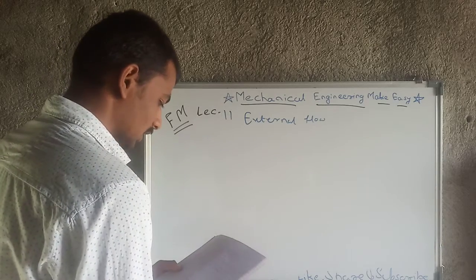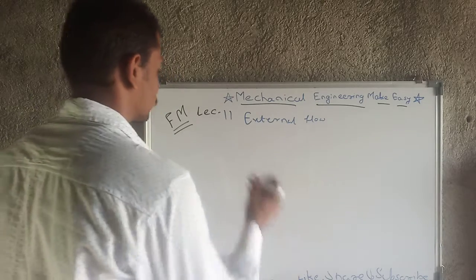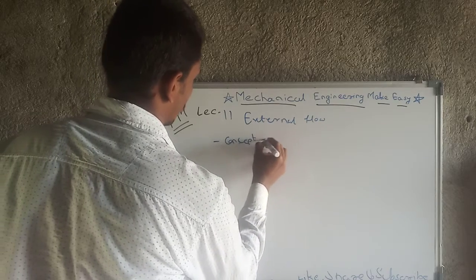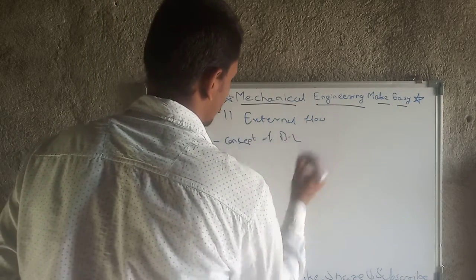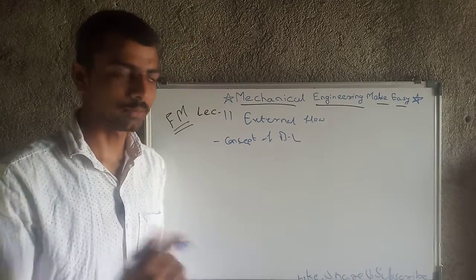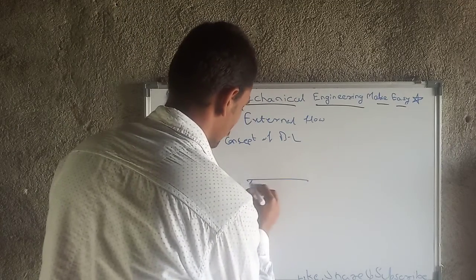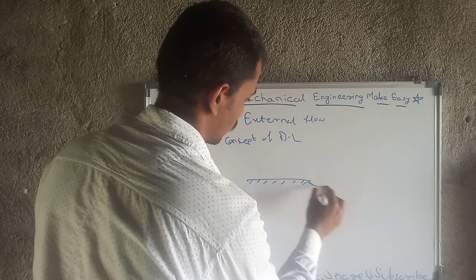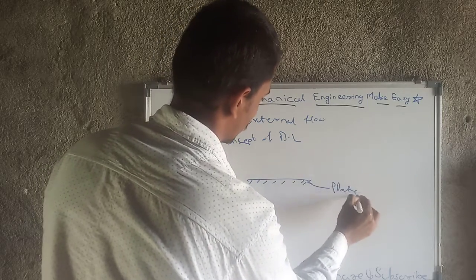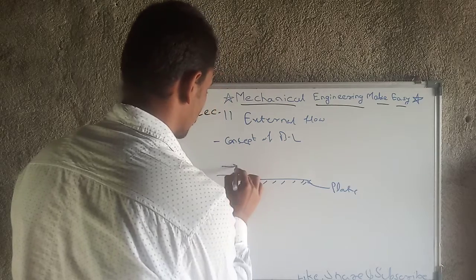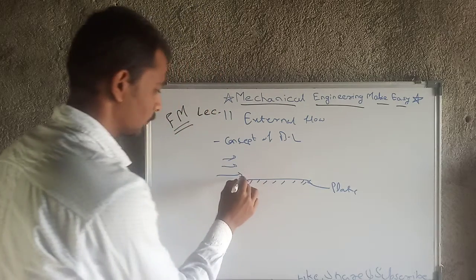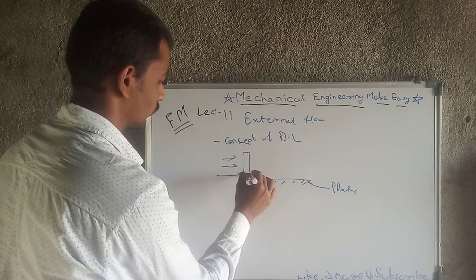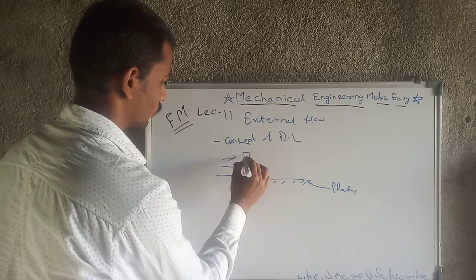Firstly, the concept of boundary layer. What exactly is a boundary layer? So assume this is one surface or one plate on which the flow is occurring. Before the flow passes over this plate, the velocity profile will be uniform.